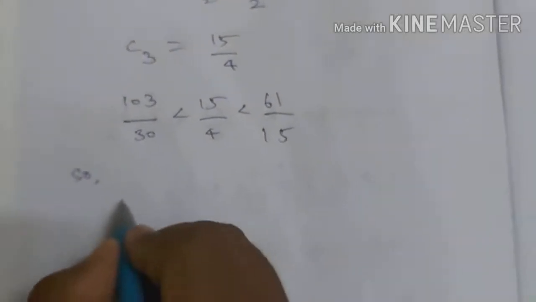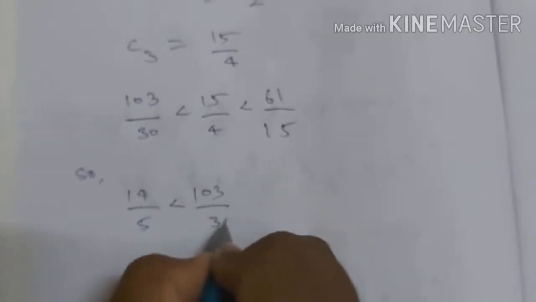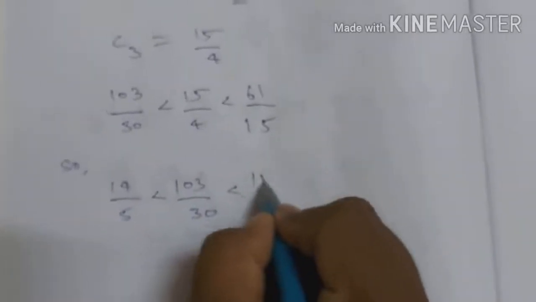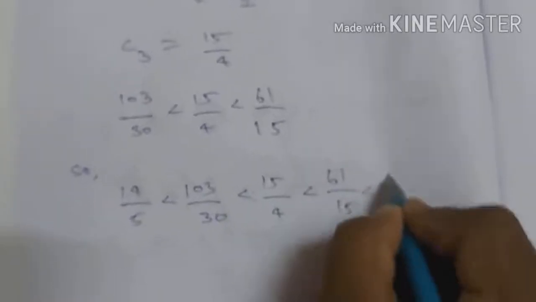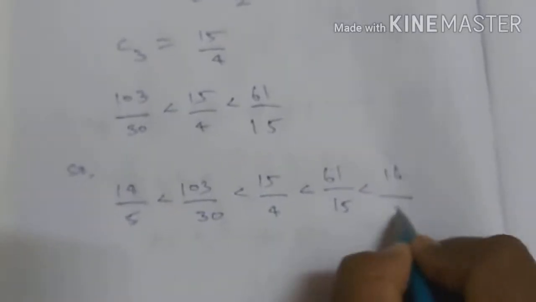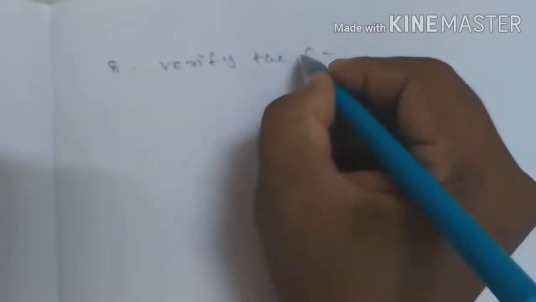So the three rational numbers between 14/5 and 16/3: 14/5 is less than 103/30, less than 15/4, less than 61/15, less than 16/3. Now 1.1 eighth sum: verify that minus x and minus of minus x is the same x.